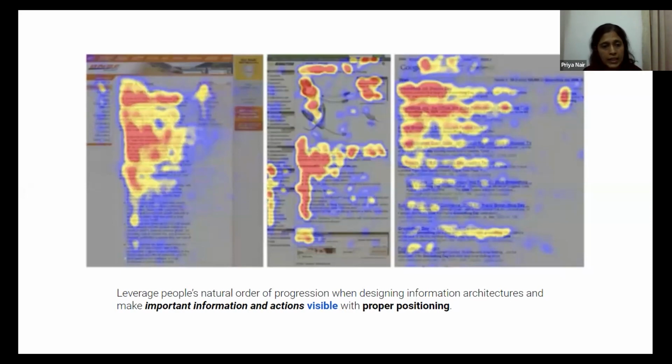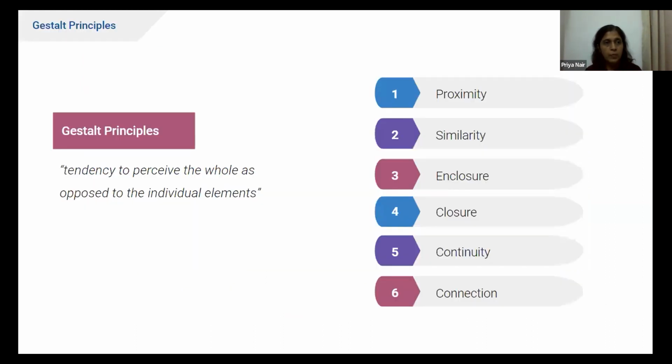What I'm arriving at is you have to leverage people's natural order of progression when designing information architecture, and make sure that the important information and action you want to convey to the user is in these visible areas and with proper positioning. So that is where the positioning is important.